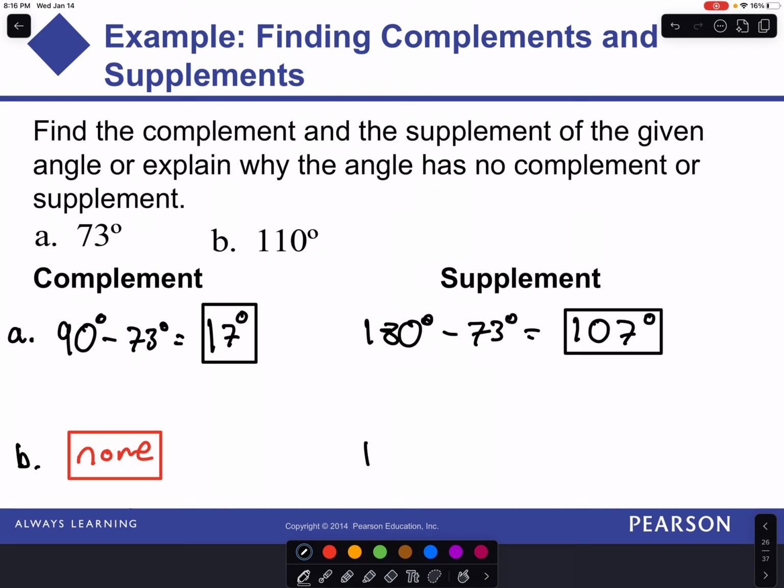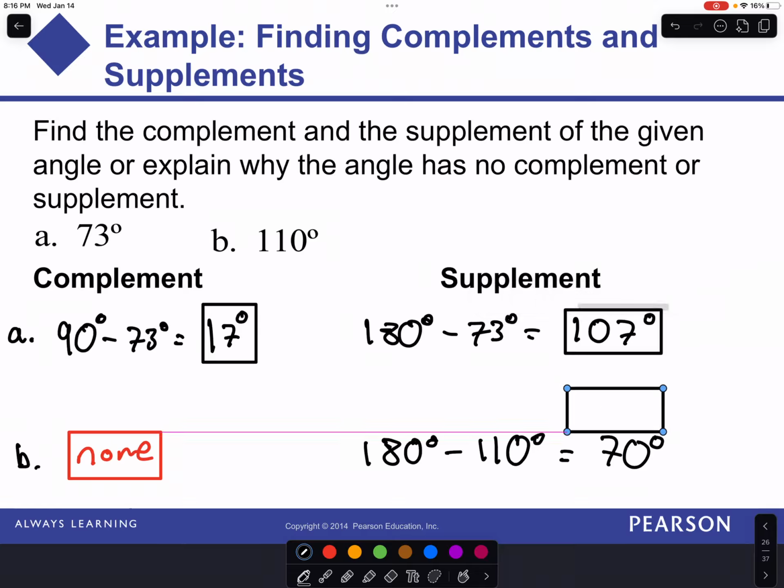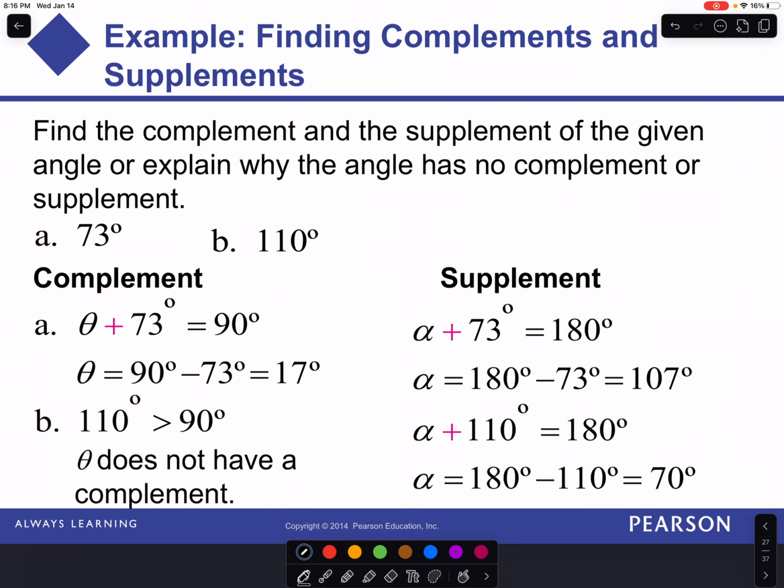So we would say what, 180 minus the 110. What is that, 70? Okay, so we got 17, 107, none, and then 70.